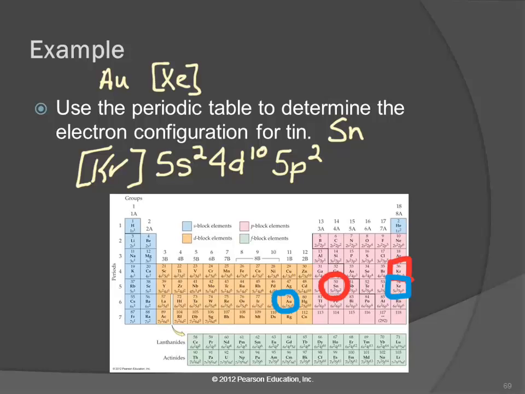plus, so from xenon, we come over here. This is period 6. So this is 6s2. And then this is in here, this is going to be 5d, right?